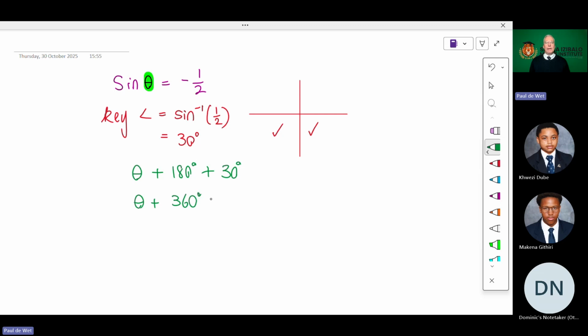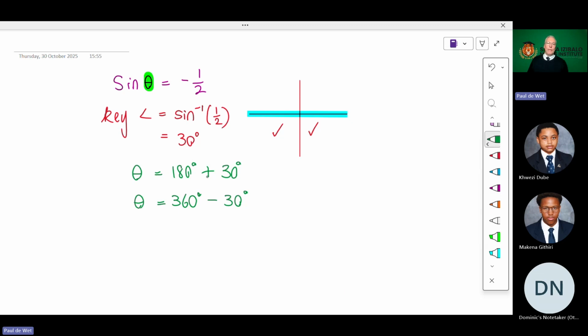So theta equals 180 plus 30 or 360 minus 30. The big idea is that to get into the different quadrants with our key, we only use our horizontal axis. Remember, when we come off the vertical axis, ratios change to co-ratios, etc.